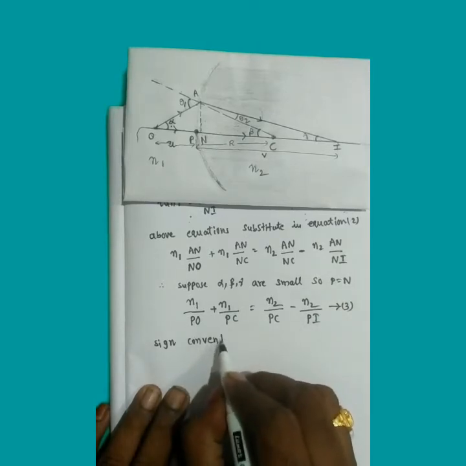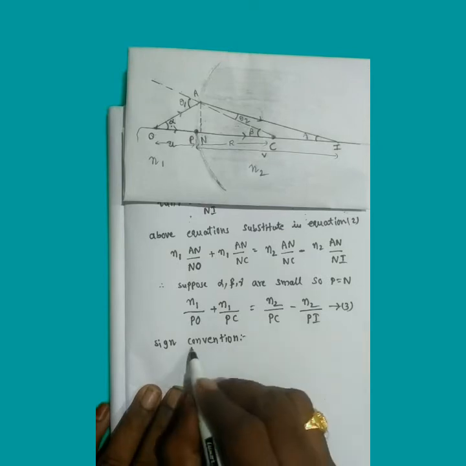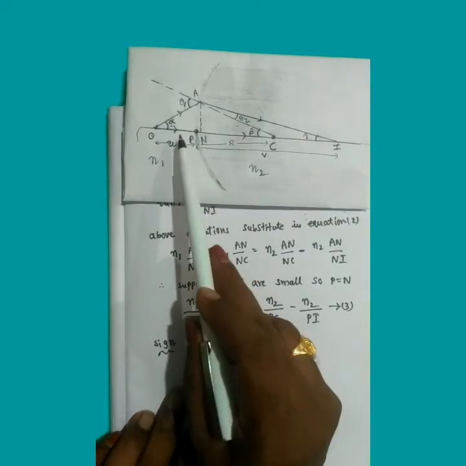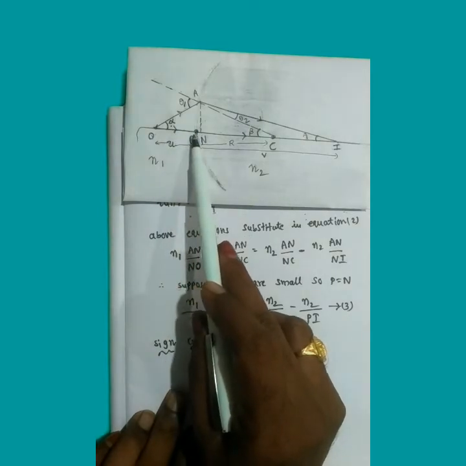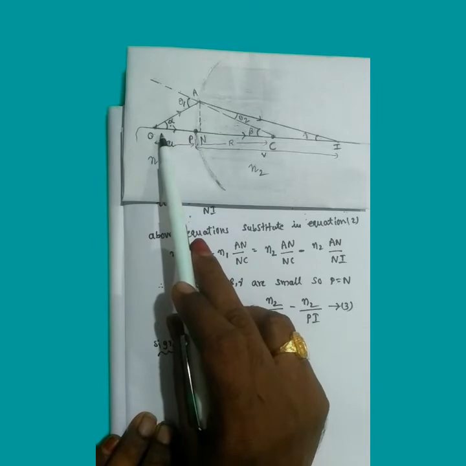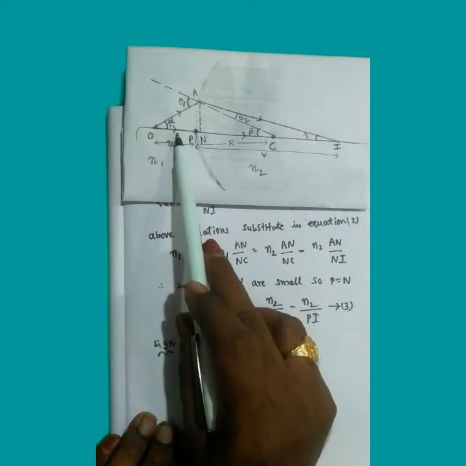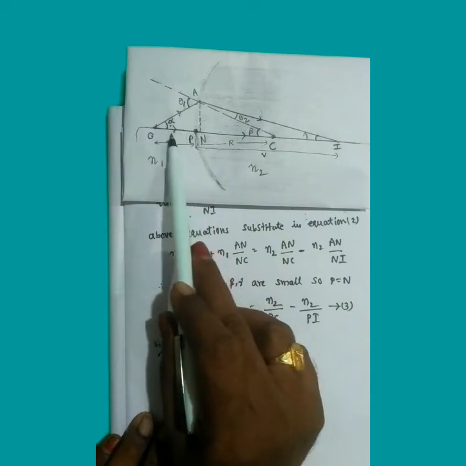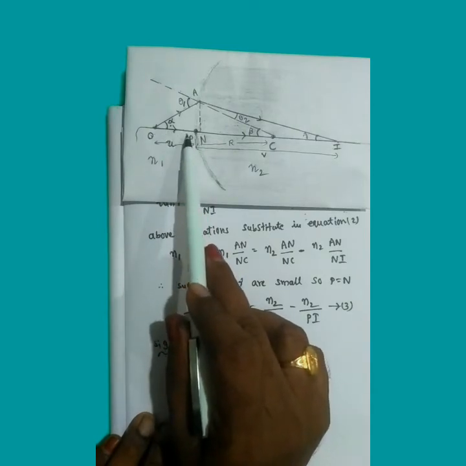According to the sign convention, the values should always be taken from the pole, and if the rays are along the direction of the incident ray, we take it as positive.